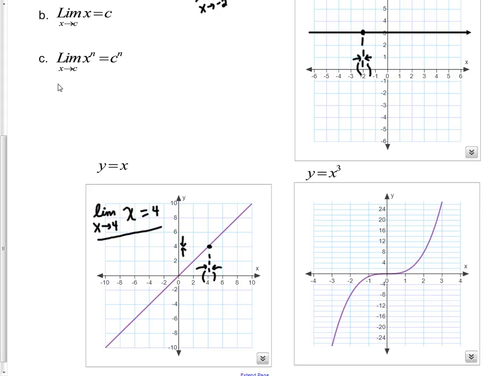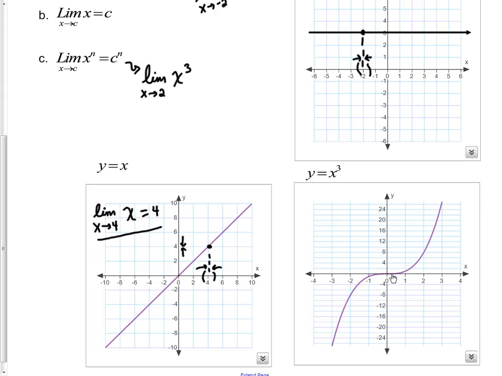Our third property says that the limit as x approaches some number c of x raised to any nth power, as long as n is a real number, is equal to c raised to that nth power. For example, let's take a look at our function y equals x cubed. This is an example of this kind of function, and we might ask the question, what is the limit as x approaches 2 of the function x cubed?